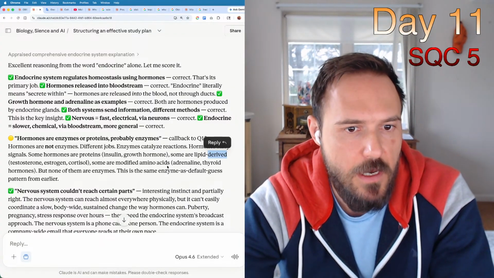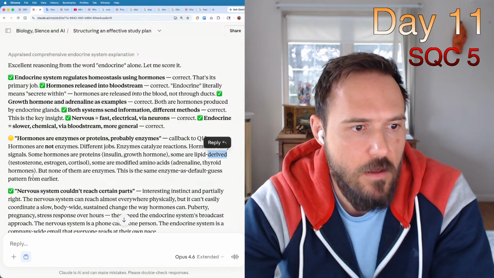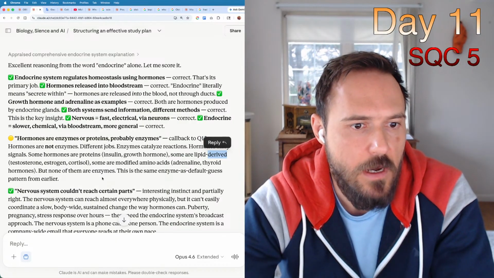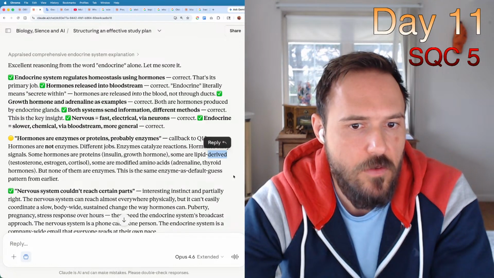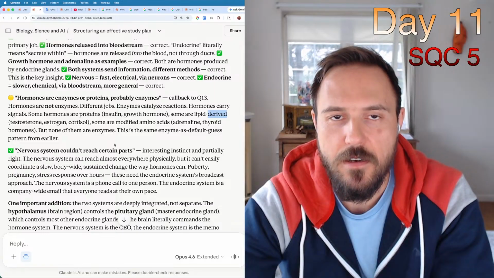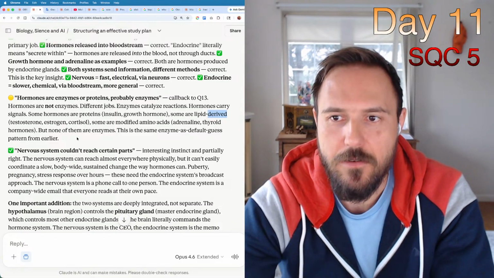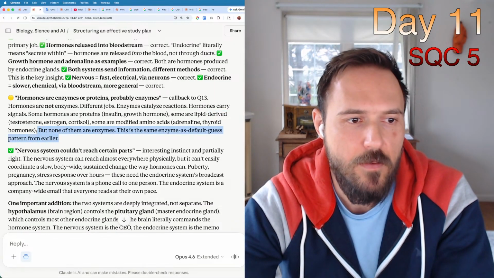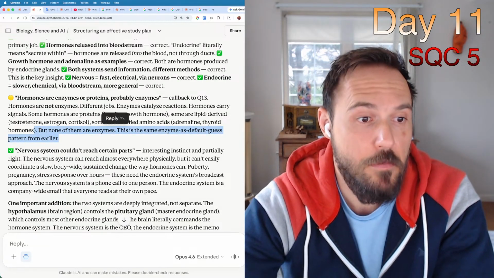Some are modified amino acids, adrenaline, thyroid hormones, but none of them are enzymes. This is the same enzyme mix-up pattern from earlier. That's a hard truth, and it's hard to take. But now I will remember.